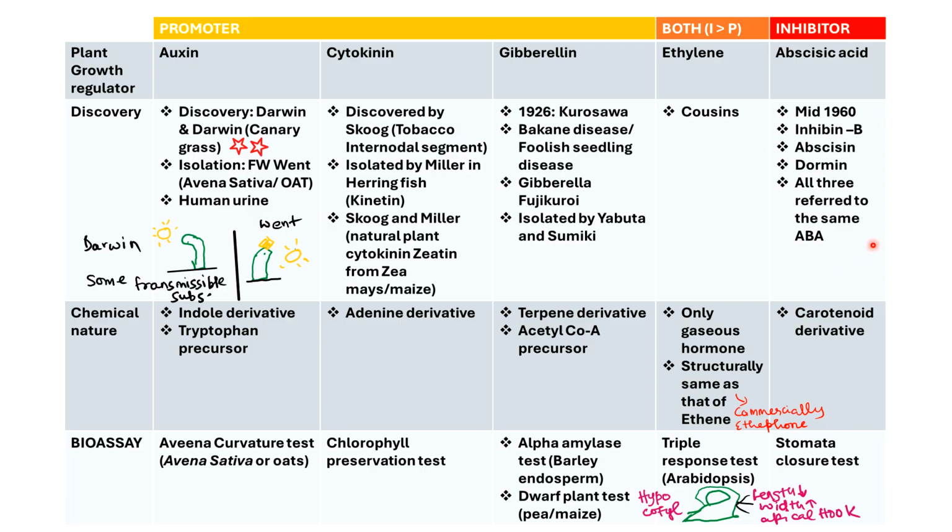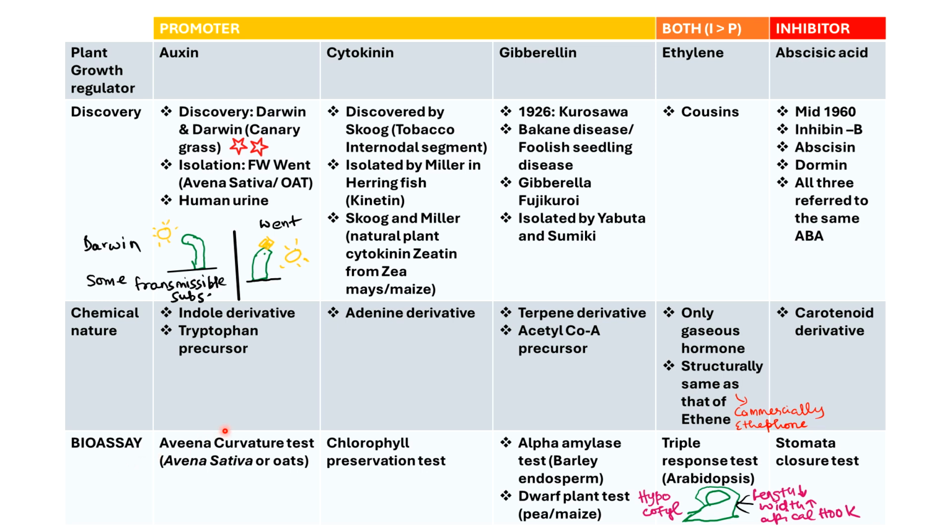All three refer to ABA. Coming to chemical nature, auxin is an indole derivative, with tryptophan as precursor. Cytokinin is an adenine derivative. Gibberellin is a terpene derivative, and ethylene is the only gaseous hormone, but commercially ethephon, which is in liquid form, is used. Okay, and abscisic acid is a carotenoid derivative.